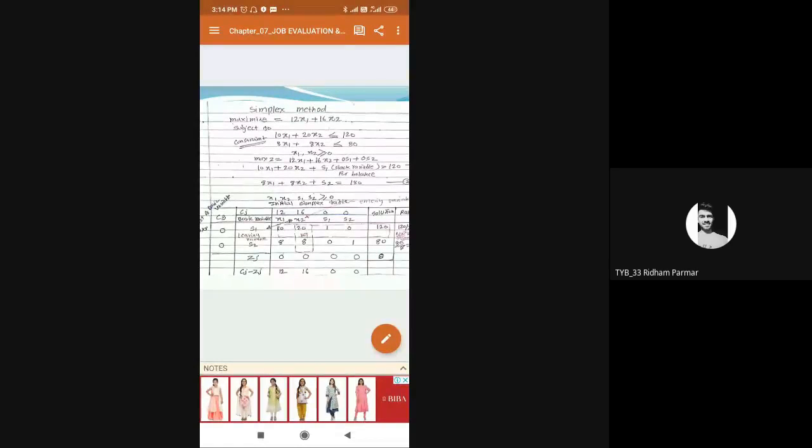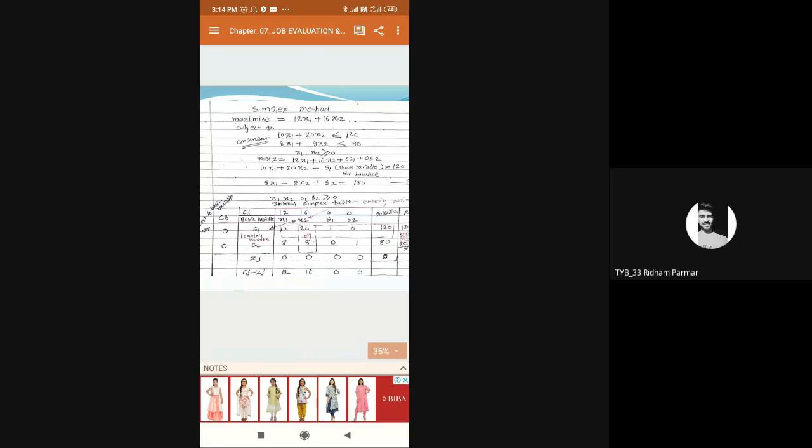In order to calculate this, there is one basic formula: original value in that row and column minus corresponding row value into corresponding column value divided by key element. See that in this table 8 is the original value, correct?